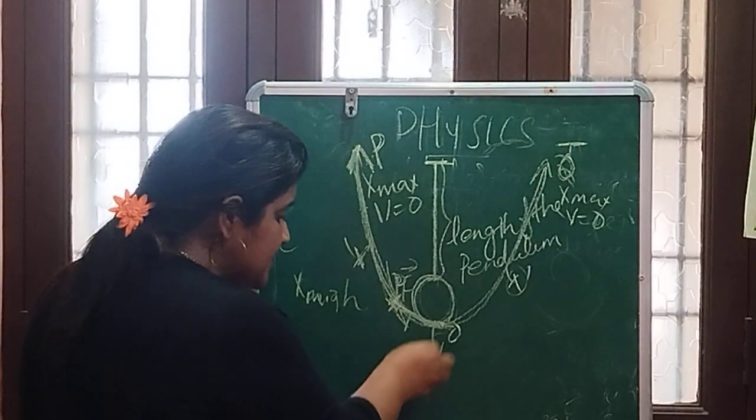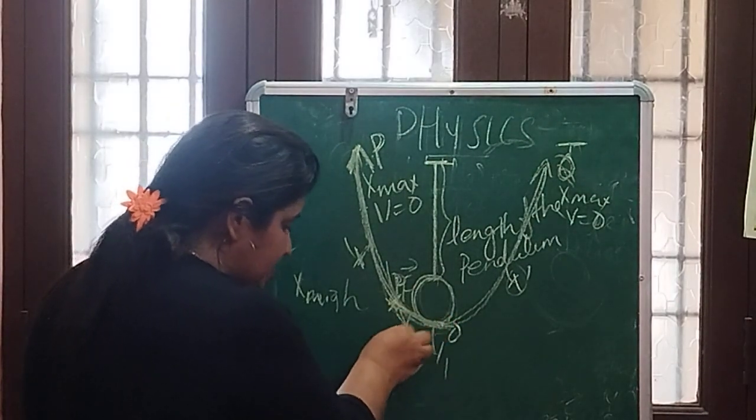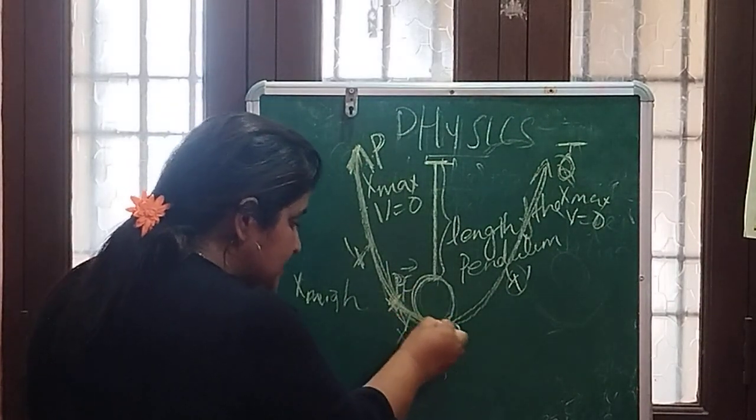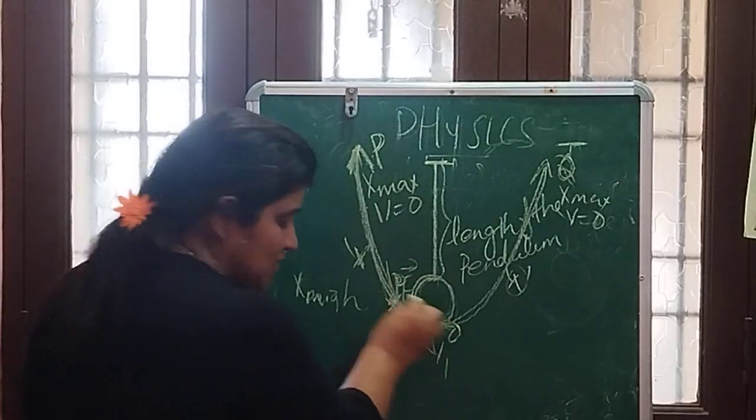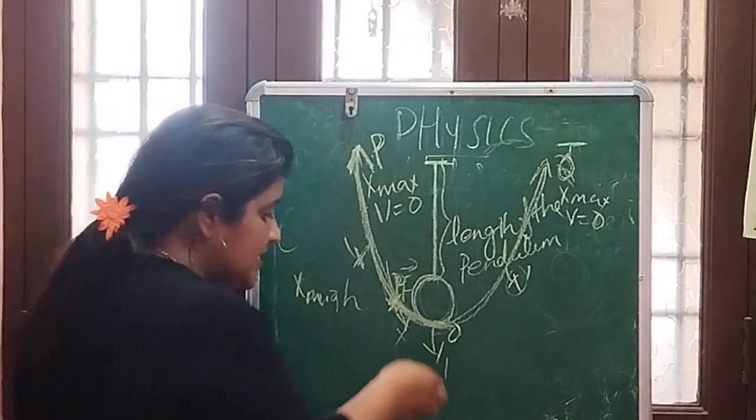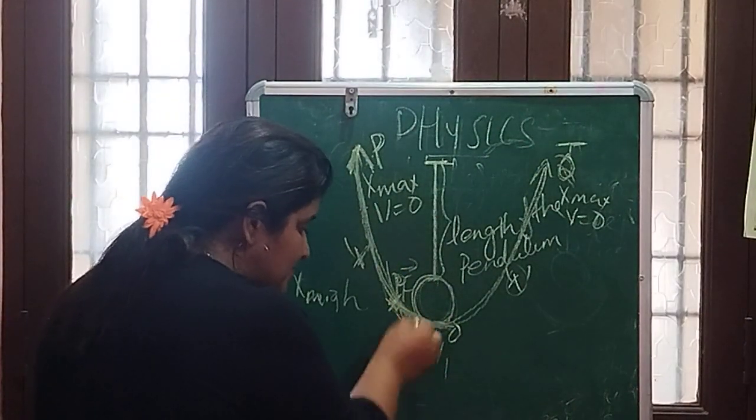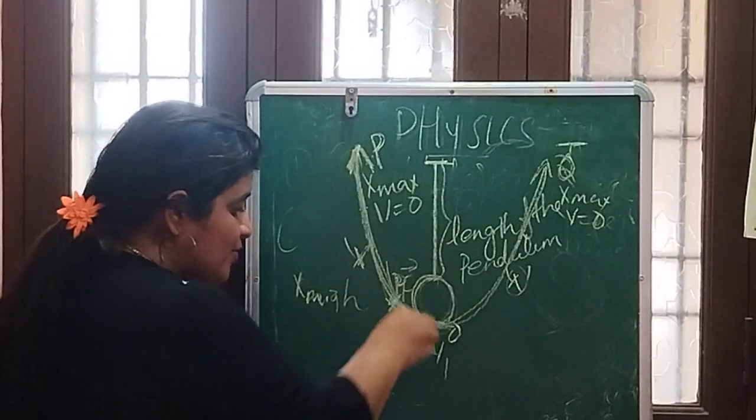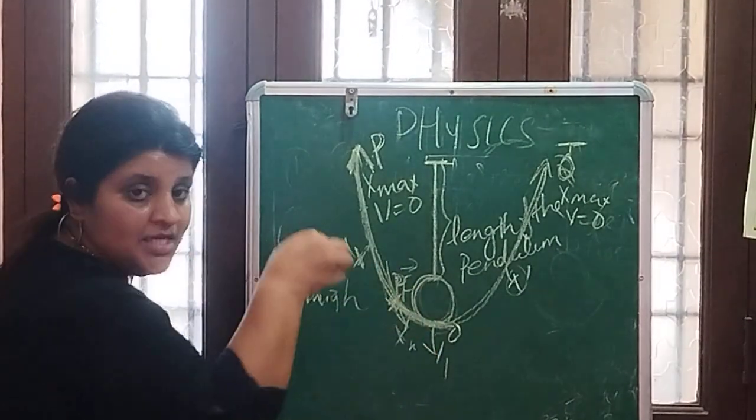As the displacement decreased, the bob accelerates very slowly. So the corresponding acceleration also became small.